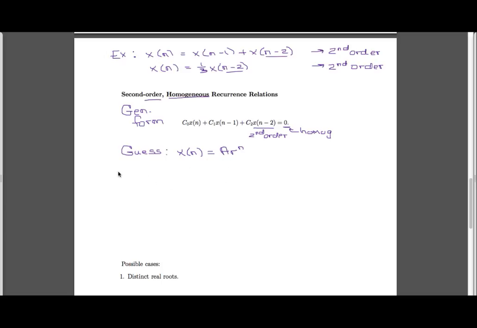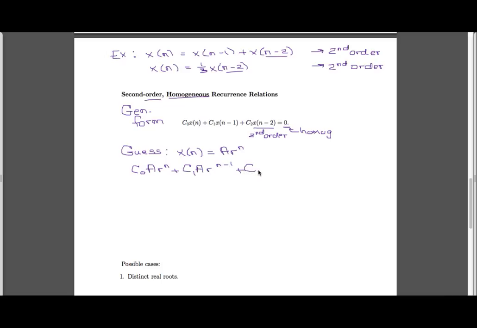If that's the solution, then when we plug it into our equation, we should get a true statement. So we'll have C naught times x of n, which is a times r to the n, plus C1 times x of n minus 1, which is a r to the n minus 1.